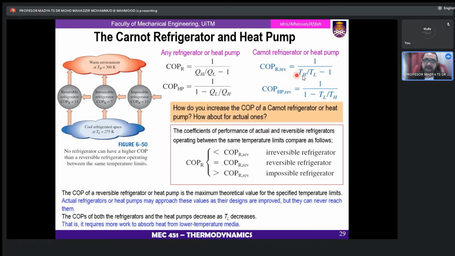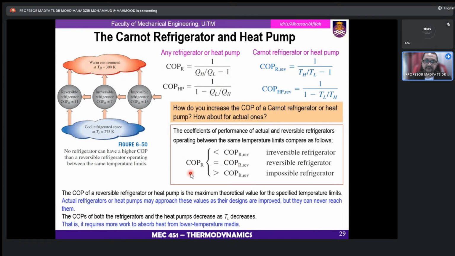In terms of temperature, the COP of a reversible refrigerator has the same formula, only you change heat to temperature. So for the coefficient of performance of actual and reversible refrigerators operating between the same temperature limits, we compare as follows.